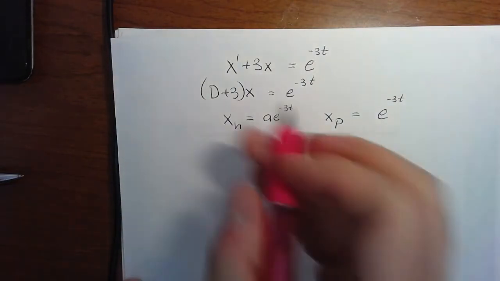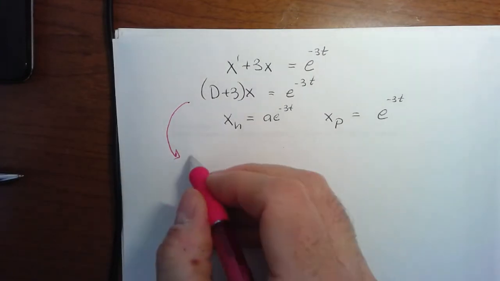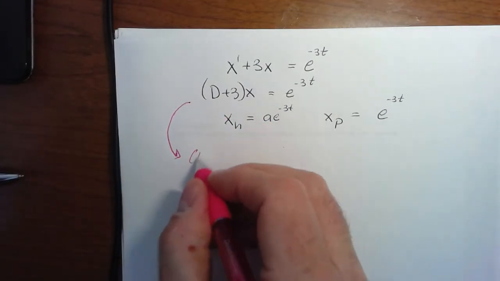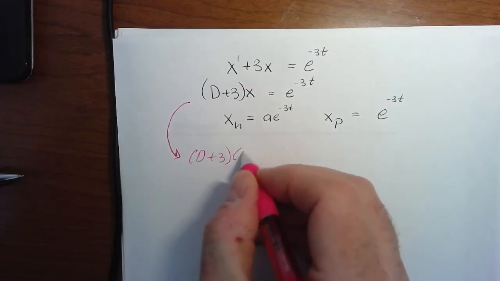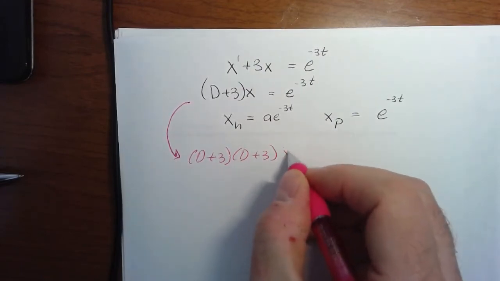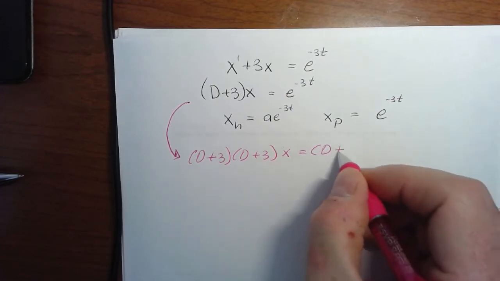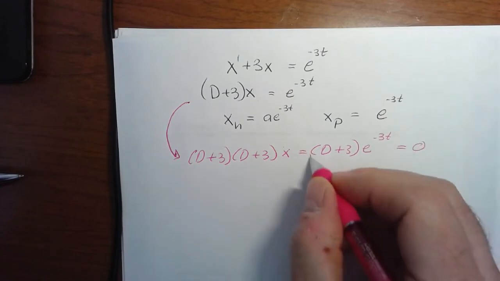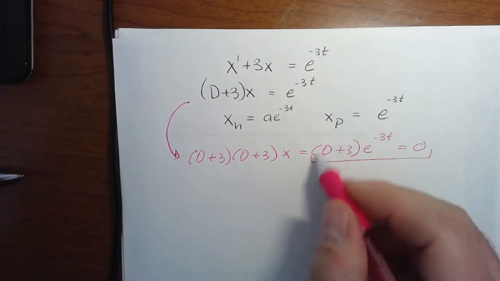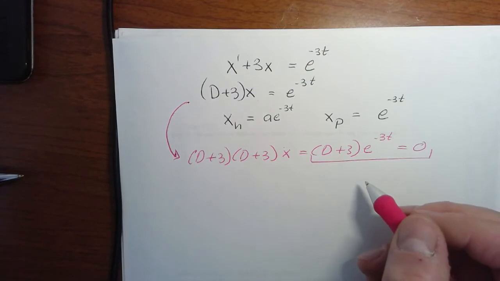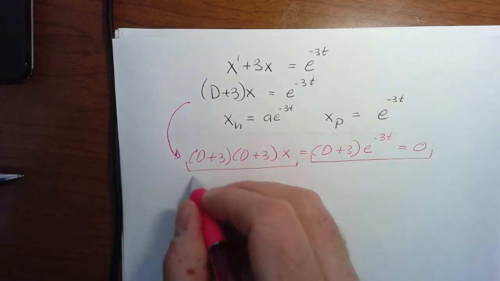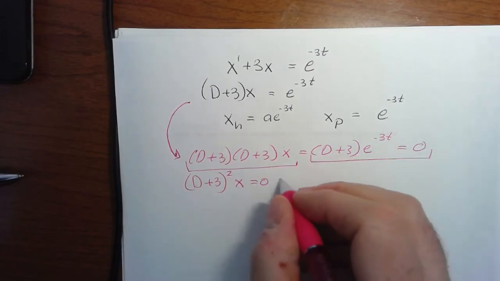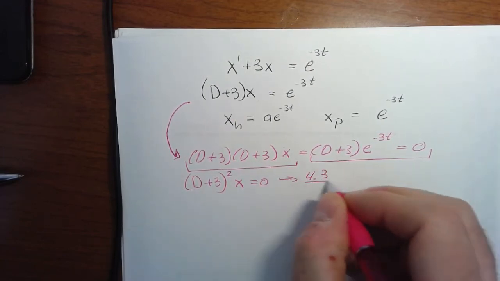So thinking again about that technique, what would I multiply both sides by to turn this into a homogeneous equation? I would need another factor of D plus 3. So I'm using this to justify my guess. Why is this 0? E to the minus 3t is in the kernel of D plus 3. So if this were the differential equation that I were trying to solve, well, this uses the techniques of 4.3.